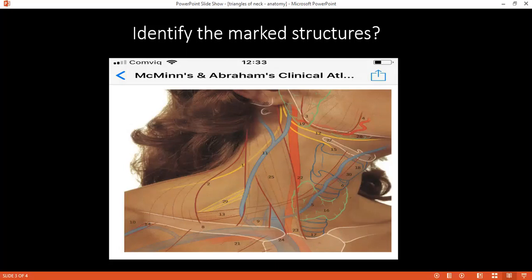Okay, can you tell me about the nerve root of ansa cervicalis? It is derived from the anterior rami of cervical 1 to 3. Okay, how are they divided? Which one is the superior root and which one is the inferior root? Superior is from C1 and the inferior is from C2 and C3.